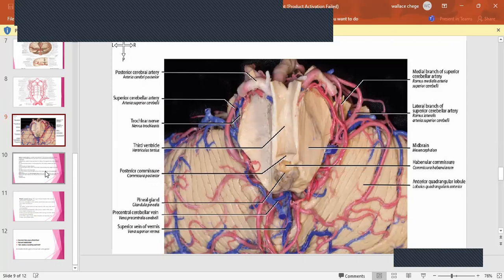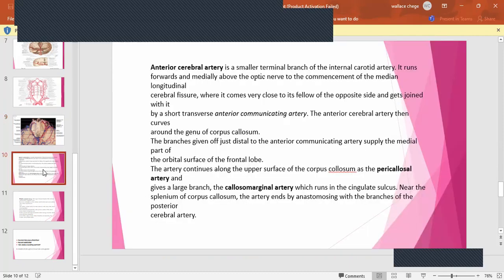So let's look at the course of the anterior cerebral artery. Now, I've said the anterior cerebral artery is a terminal branch from the internal carotid artery, but it is the smaller terminal branch. The larger one is the middle cerebral. So it runs forwards and medially above the optic nerve to the commencement of the median longitudinal cerebral fissure.